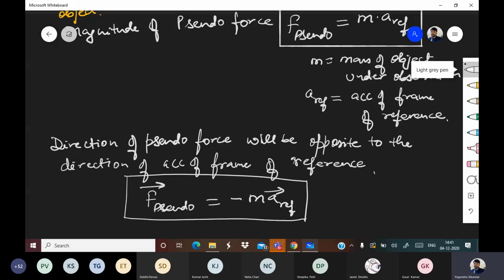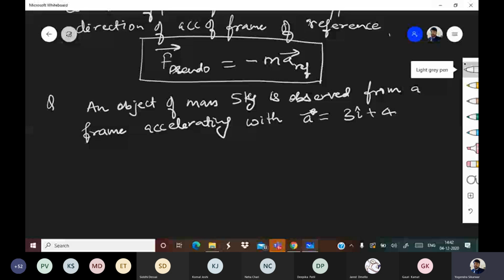An object of mass 5 kg is observed from a frame accelerating with a vector is equal to 3i plus 4j minus 5k meters per second square.